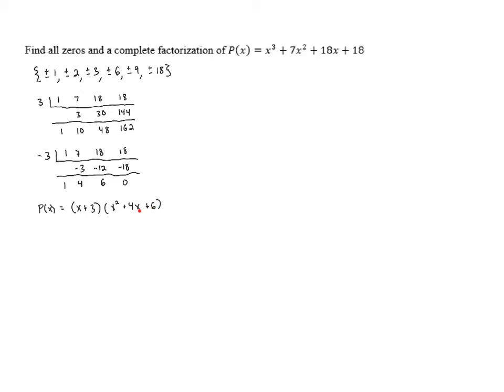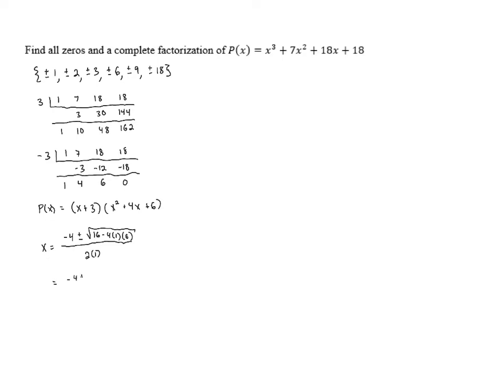At this point, we cannot easily use unfoiling. There aren't 2 numbers that multiply to 6 and add up to 4. So again, we need to use the quadratic formula. So when we do that, we've got the opposite of b, which is -4, plus or minus the square root of b squared, which is 16, minus 4 times a times c, all over 2 times a.